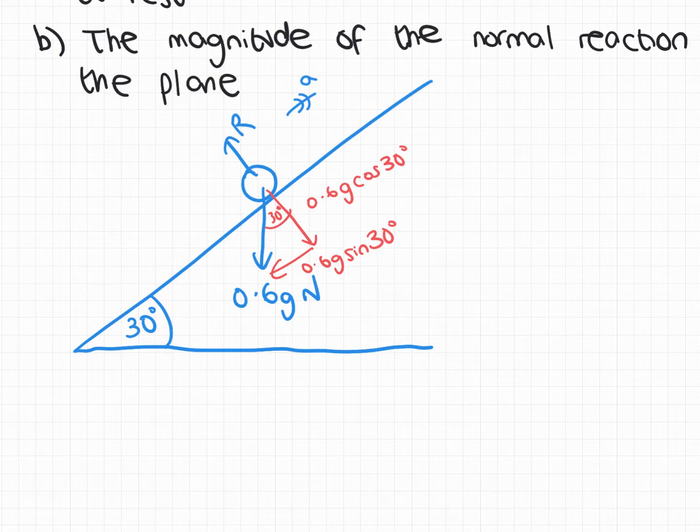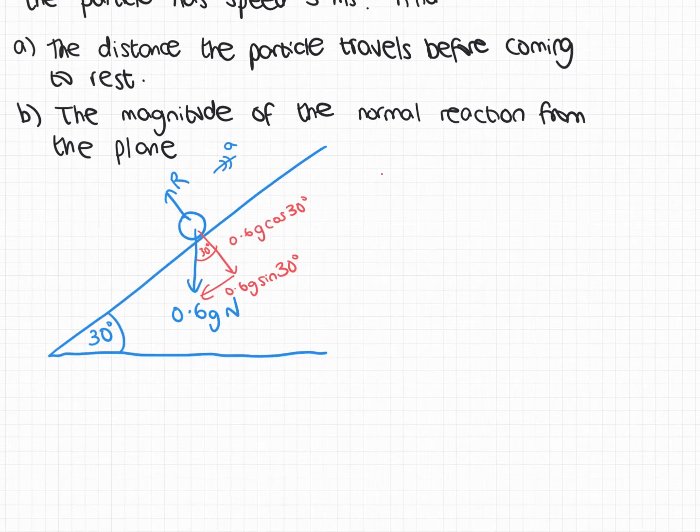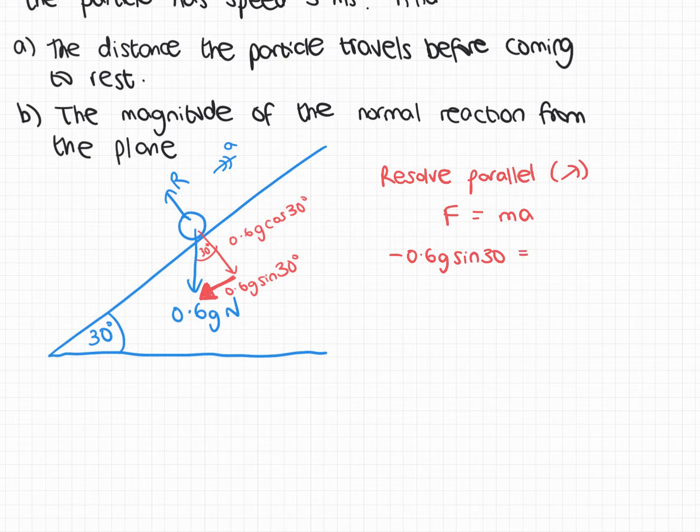So if we look at resolving parallel to the plane, so I'm going in that direction, then using resultant force equals mass times acceleration, the resultant force going up the plane is minus 0.6g sin 30. That's the only force I have going in that direction, isn't it? And that must be equal to mass, which is 0.6, times a.